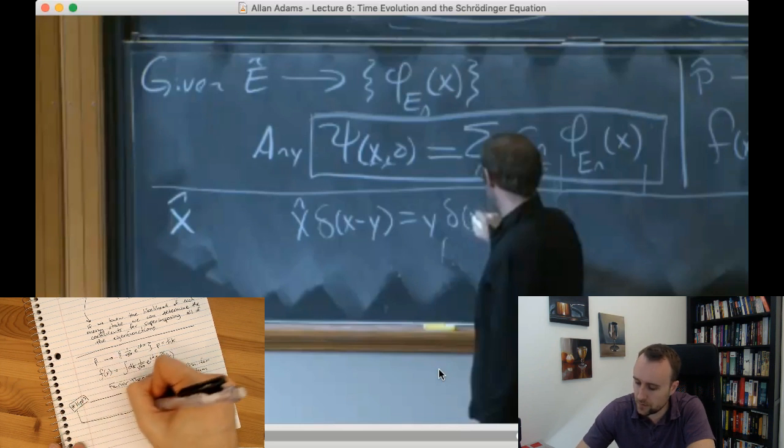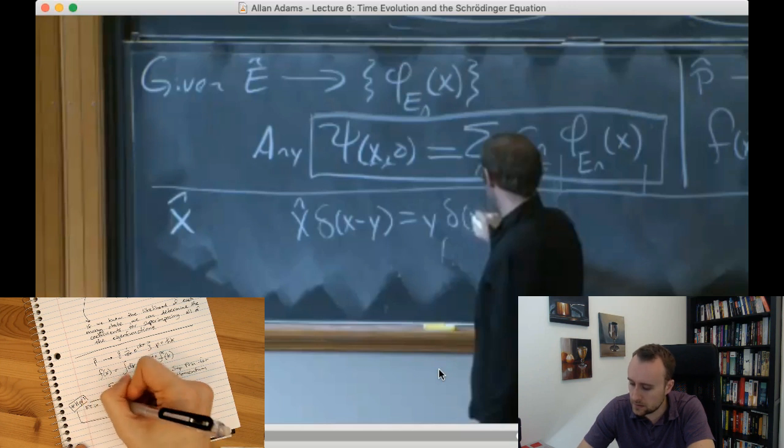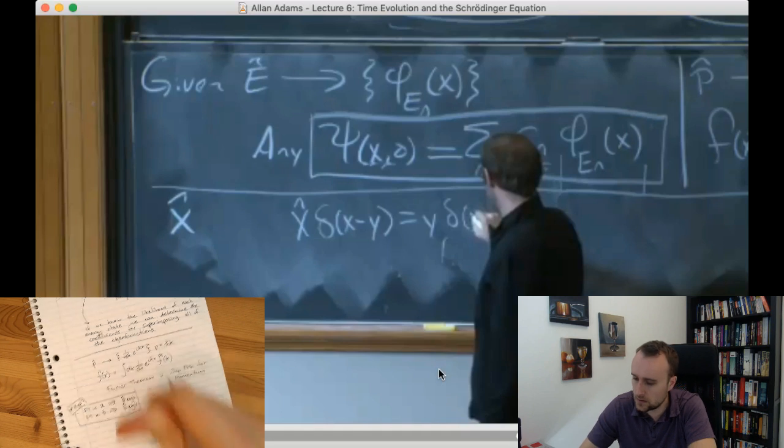But it's good to write these things down just so you can clarify your thoughts. Ft in x is momentum eigenstates, and Ft in time is energy eigenstates. Is that right?